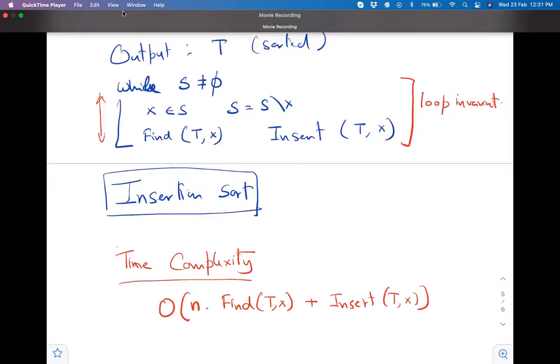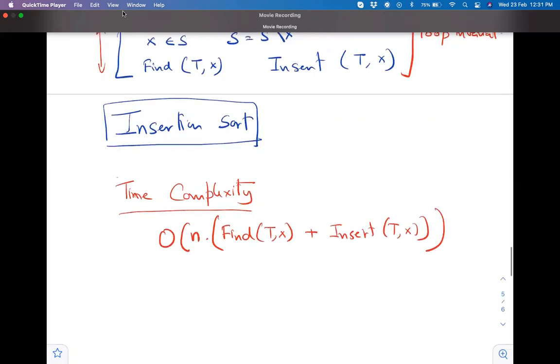Now what is T? I have not told you. T is something that changes. In the worst case, T is of size n, which is the hardest setting. So maybe I should not write it that way.